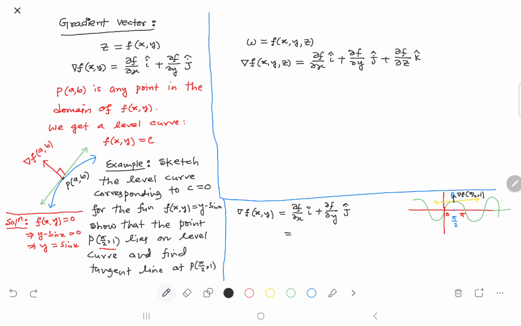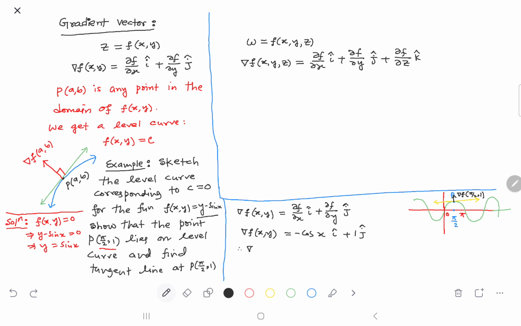Your function was y minus sine x. If we take the derivative with respect to x, we get minus cosine x i cap, and then plus 1 of j cap, right?